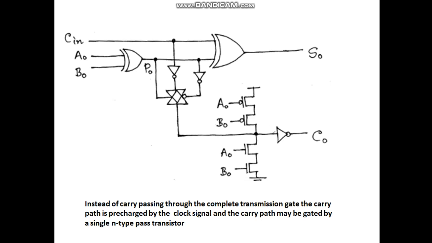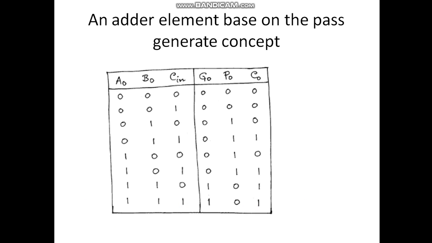PMOS gets conducted. So it is connected to VDD. So the output is 1 and the output from the inverter is 0. So coming into the truth table, that is when A and B both are 0, PMOS is enabled, output will be 1. Since we have used an inverter, output will be 0.